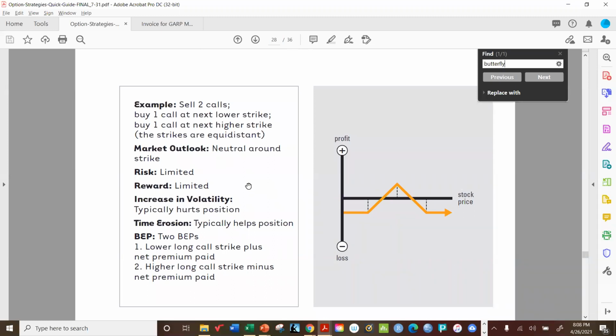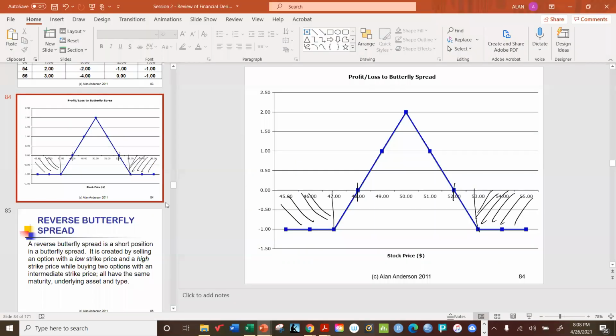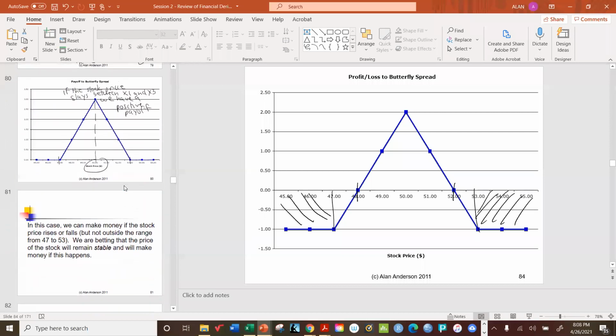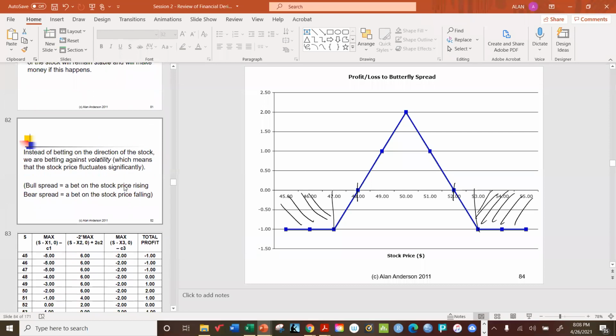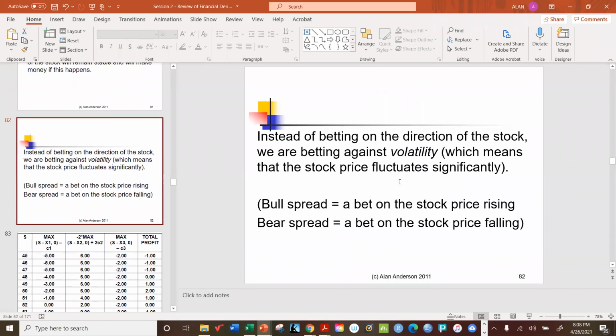That would be a problem. So we're betting against that happening. We're betting against volatility, where volatility itself, like I said, simply means the price fluctuates significantly over time. So this is a bet against volatility or in favor of stability of the stock price.